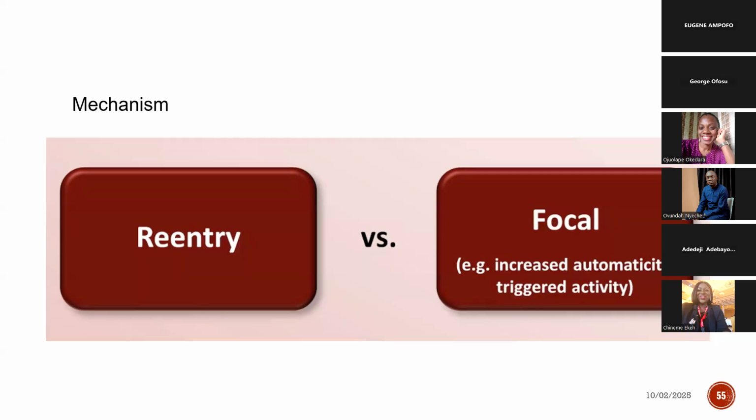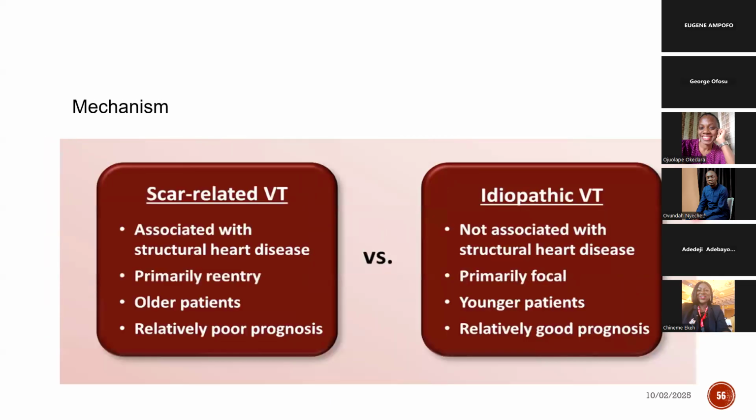In clinical settings, EP physicians will usually classify these mechanisms into two groups, either re-entry or focal, whereby the focal consists of the increased automaticity and triggered activity.